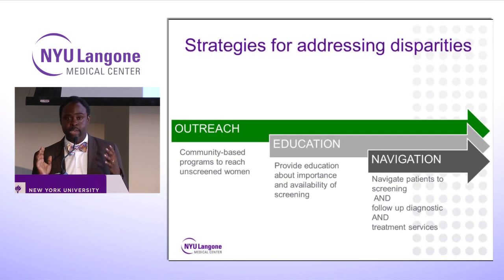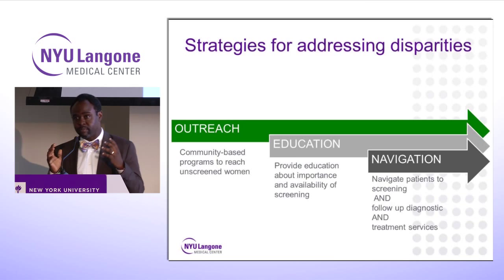Here in New York City, we actually have fairly good screening rates compared to other cities in the U.S. For the most part, upwards of 70% of screening eligible women in New York City have been screened in the last 2 years.